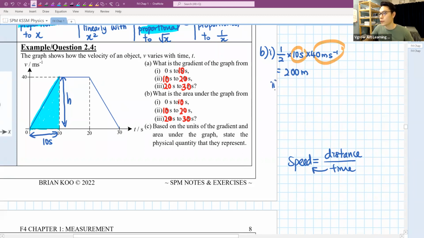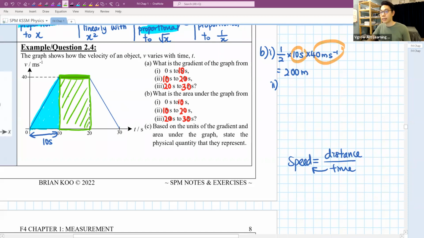Part 2, the area under the graph for 10 to 20 seconds. For 10 to 20 seconds, the graph is here, this green color place. We want all the graph that is underneath it. Okay, this looks like a rectangle to me.